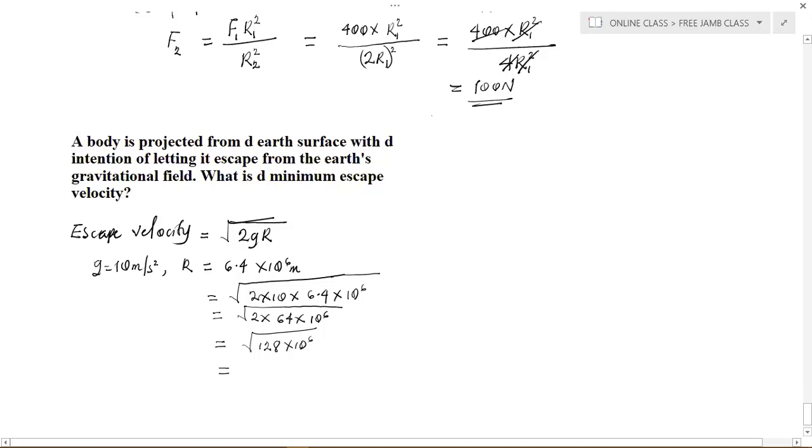If you do this well, the square root of 128 will be 11 point something, I think 11.3 or so, times 10 raised to the power 3 meters per second.